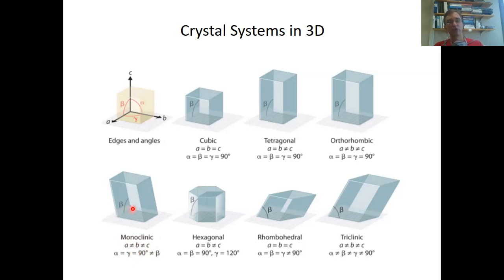Okay, so you see you have here still a 90-degree angle within these two rectangular faces, but the second angle, the angle beta, is now unequal to 90 degrees.